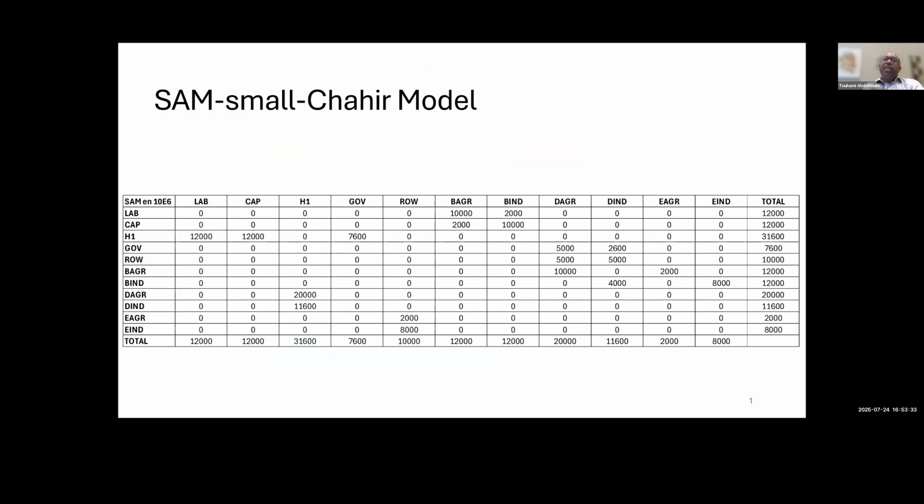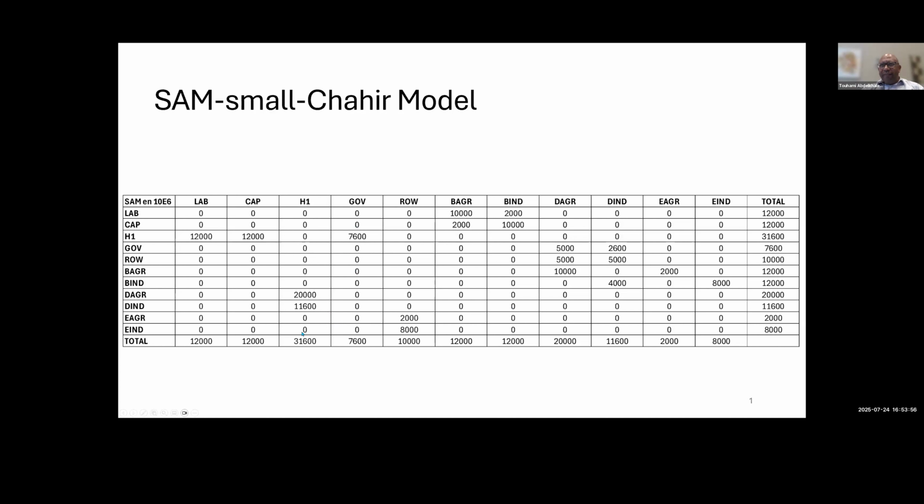The first thing I did is to construct a SAM on that. I will not present the model after this, just the objective. This is the data we can use to calibrate the model presented yesterday.